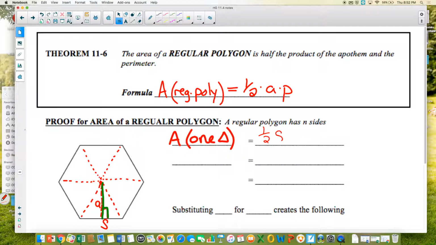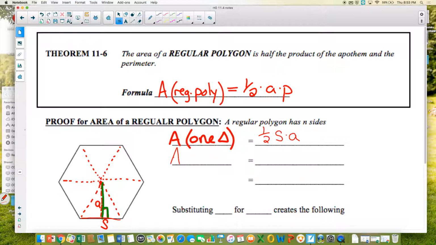So this would be 1/2 S times A, because in this case S is the base along the bottom, and your height of that one triangle is A. So the area of one triangle is 1/2 S times A. So if we look at this polygon, we have 6 triangles, but if we had a regular octagon or a regular pentagon, we would get n number of triangles depending on how many sides there are. As many sides, that's how many triangles there are.